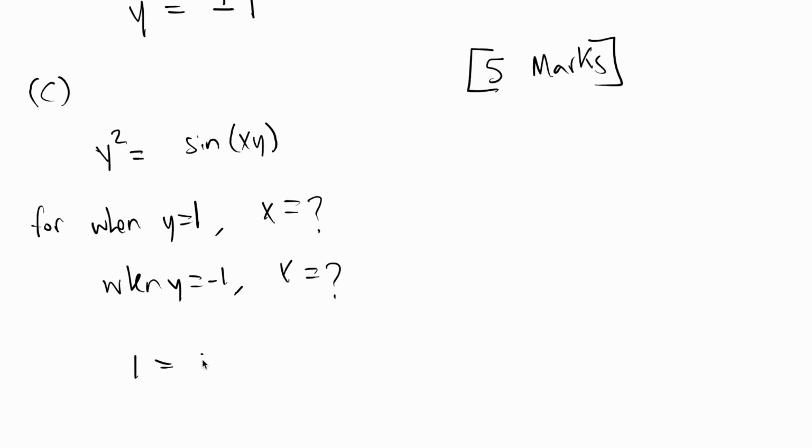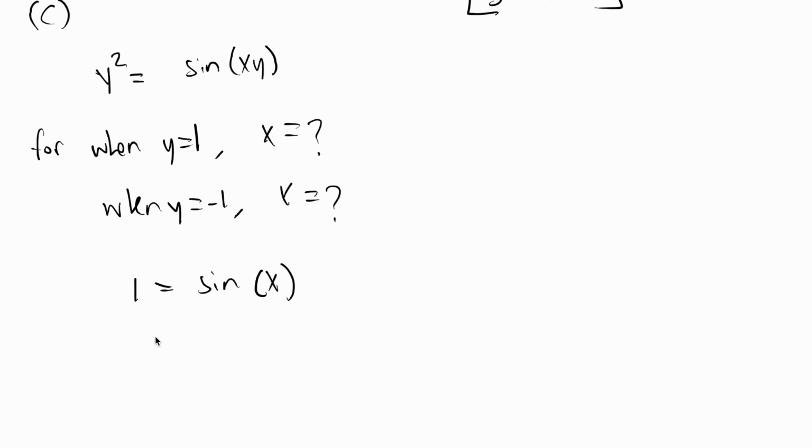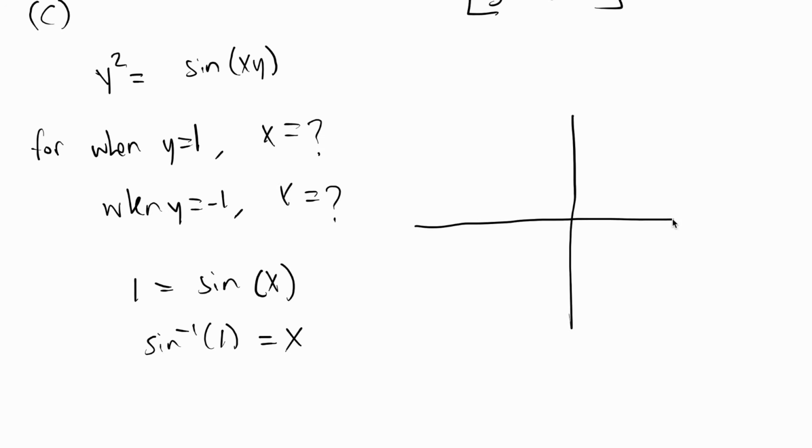So 1 is equal to sine of x. So sine inverse of 1, or arc sine, is equal to x. So what can this x be? Well, if you think about the unit circle, sine is positive 1 only on the y-axis, and in this case this would be pi over 2, and we have an interval up to 4 pi, right?